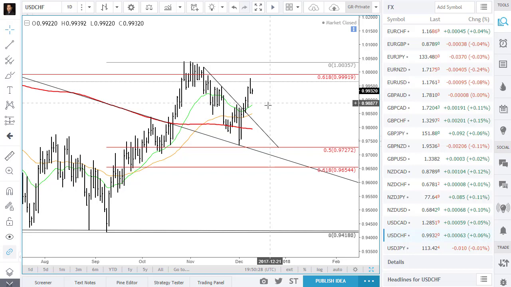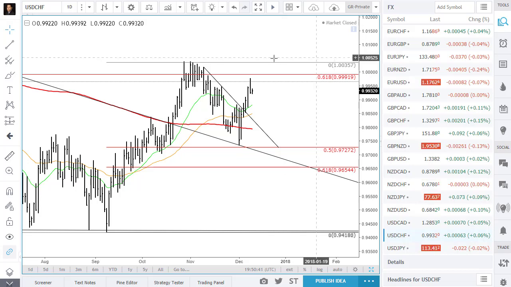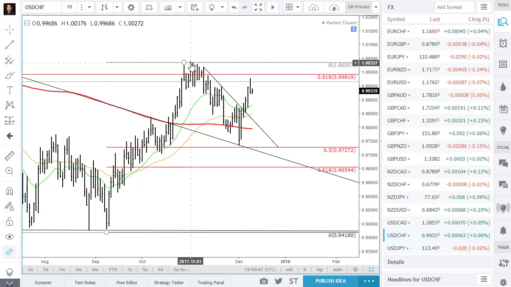So as long as we continue to hold above these moving averages, I have no problem holding on to this trade and seeing if it'll work its way back up to the parity level, which is the one even level, and possibly even beyond. You can see my first target up here is at 1.0033, and so that sets you up for about another 100 pips from where you're at. That would probably set me up at about 150 pips higher from my entry point, which is the break of this trend line.